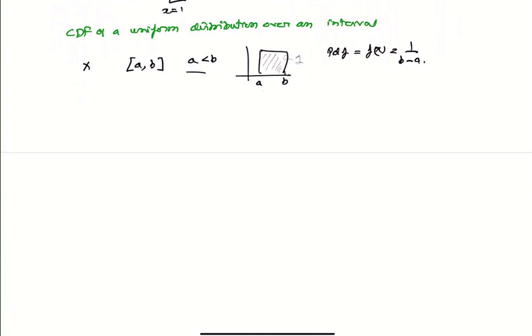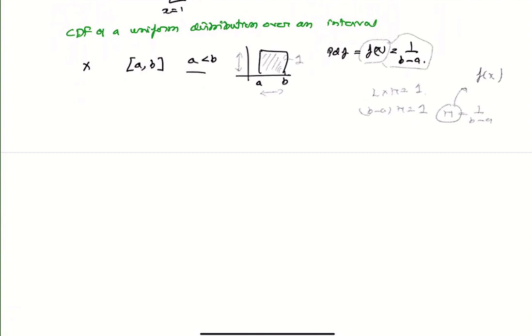So area is going to be length times height, and that is going to be 1, and the length is b minus a, times height is going to be 1. Thus height is going to be 1 upon b minus a, and height is nothing but f of x. So that is why the PDF of a uniform variable is given by 1 upon b minus a.